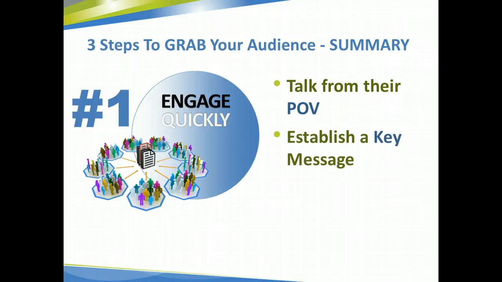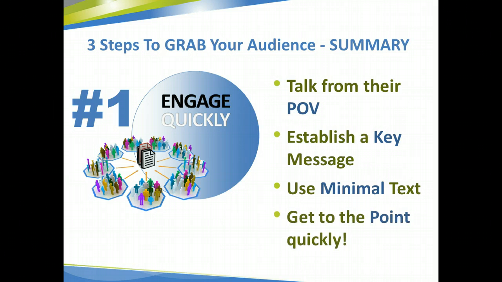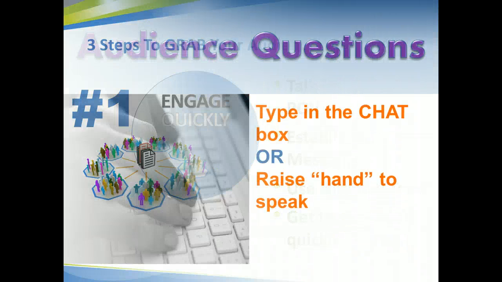You make sure that you are establishing a single key message using as little text as possible, and get to the point quickly. Now that you've got their interest and they're ready to listen, maybe now you can begin to carry on with the rest of how your solution can actually help them.